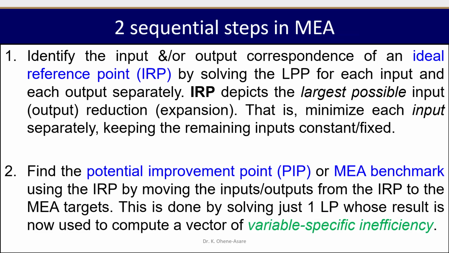So step one allows you to minimize it to that point. And then step two will allow you to make it realistic by bringing it forward or adding more inputs if that's what needs to be done for that particular point to be efficient. So you do this individually. For each input, step one allows you to minimize it to its lowest point.